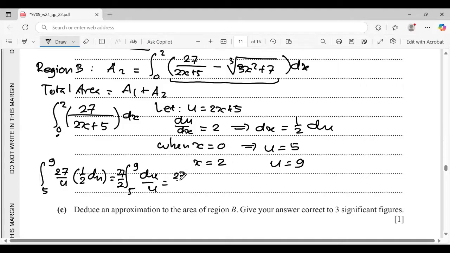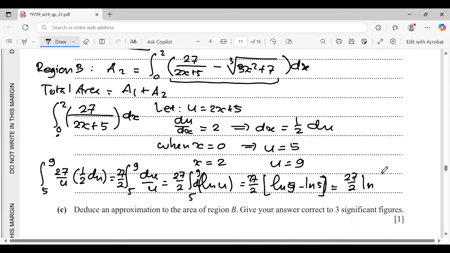So 27 half, from 5 to 9, ln u. So 27 half times ln 9 minus ln 5. So the result is 27 half ln 9 over 5. This is the answer, the total area.